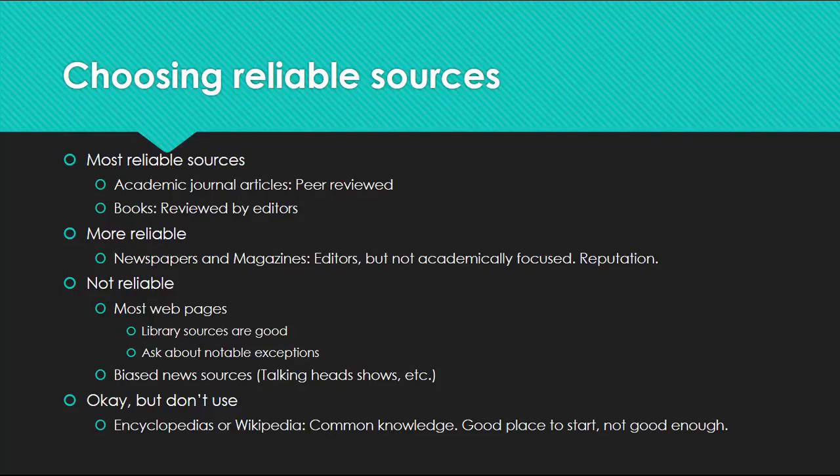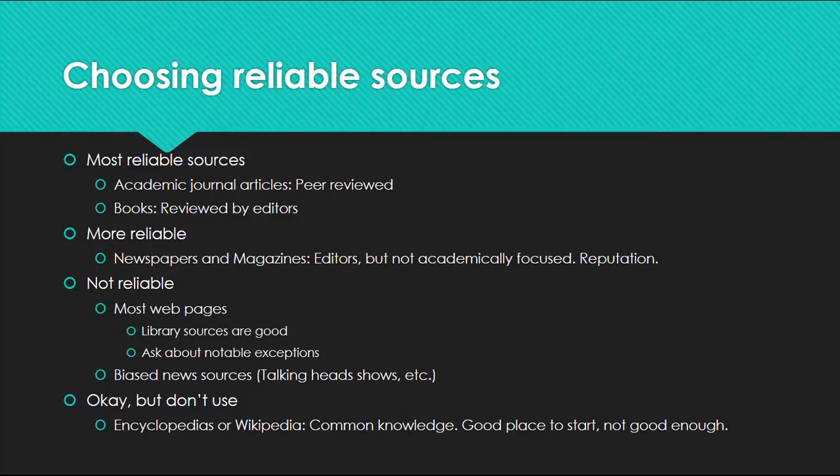Now, sometimes in college papers, we allow you to use newspapers and magazines. This is sometimes a little bit of a gray area because some newspapers have very good reputations of being reliable sources, or magazines, or publications, or whatever they call themselves, right? But the editors are not academically focused. They're not focused on specific disciplines.